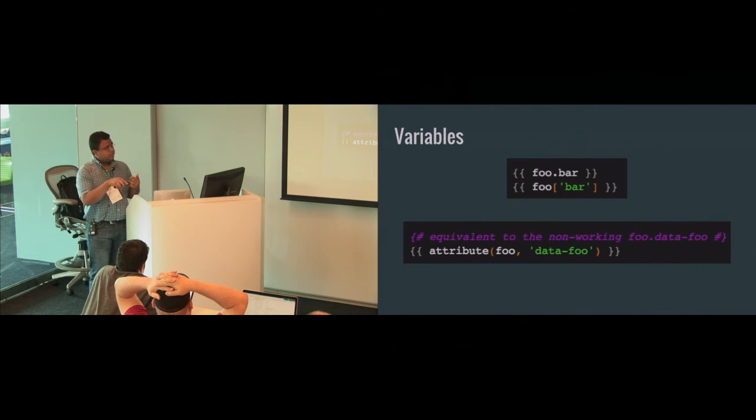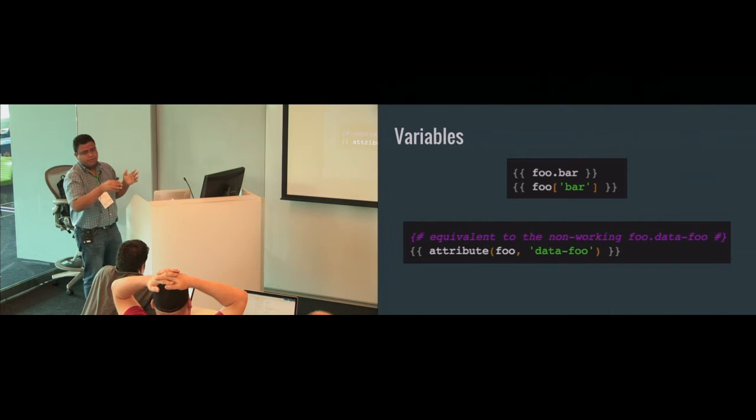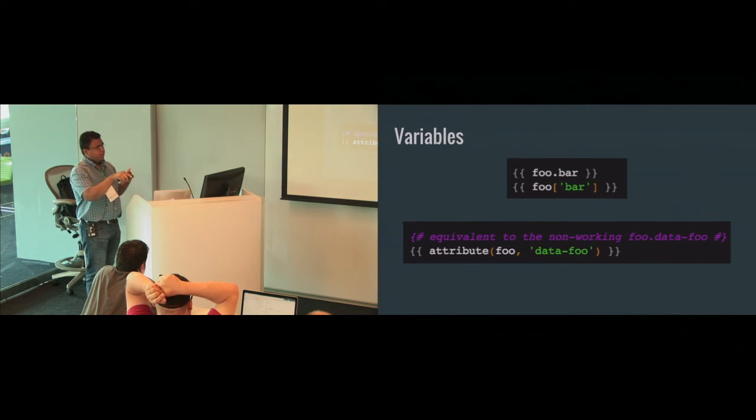So in those cases, you can use foo, the square brackets, and in a string, hash title, hash something. Another option is to use the attribute function. You put the name, and you put the attribute that you want to print, so you can say hash title or hash value or something like that. All of these things can be used interchangeably. But usually we use the first one because it's the most intuitive and the least verbose.